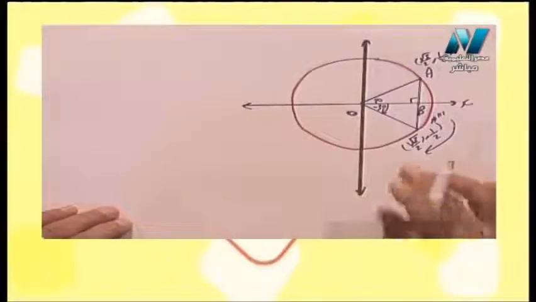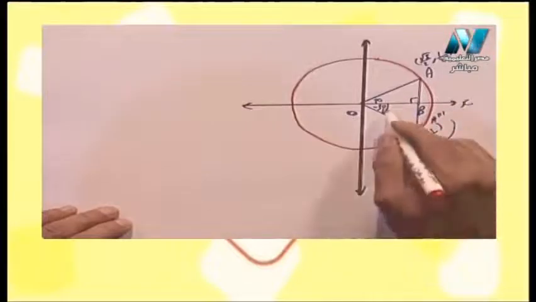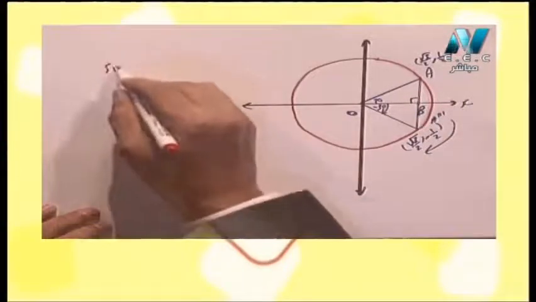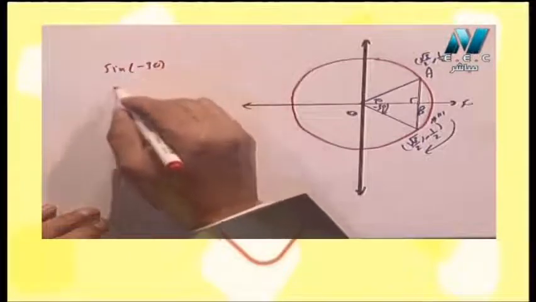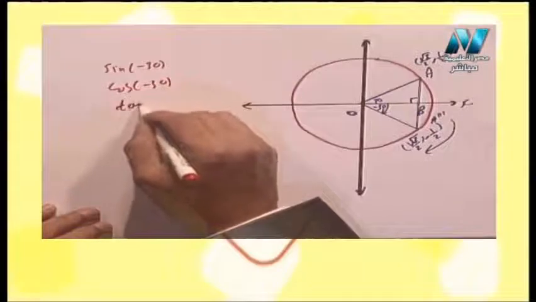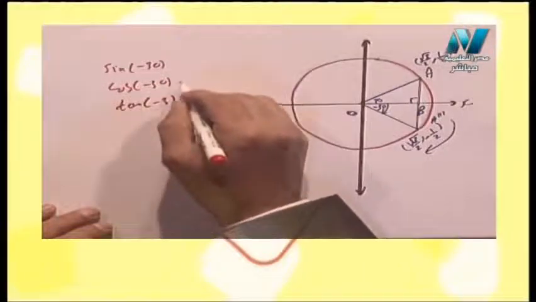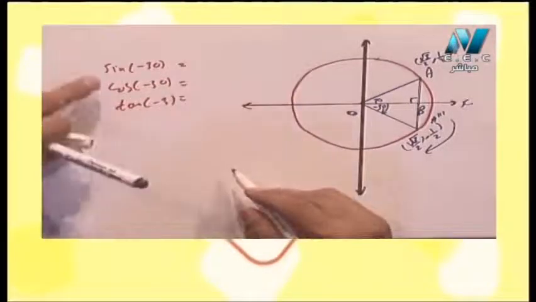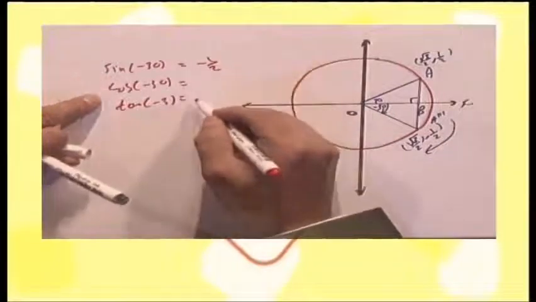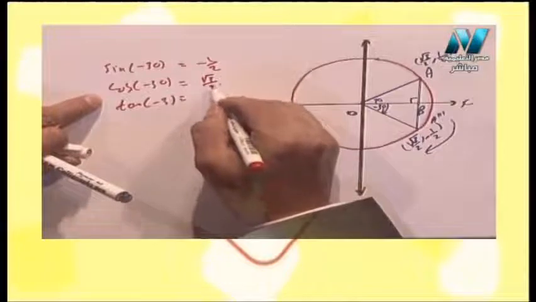Okay, so let's study the negative 30. What is its sign? Sine negative 30, cosine negative 30, and tan negative 30. Sine will be negative half here. Cosine will be root 3 over 2.